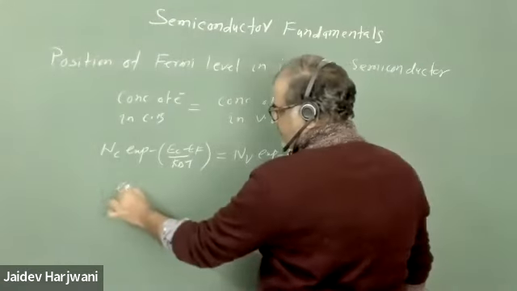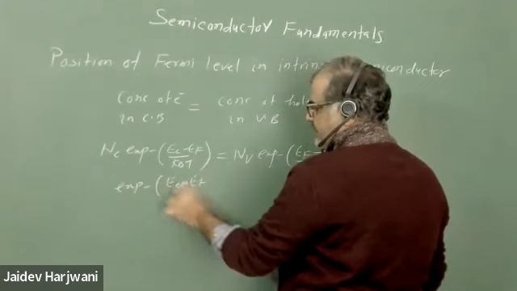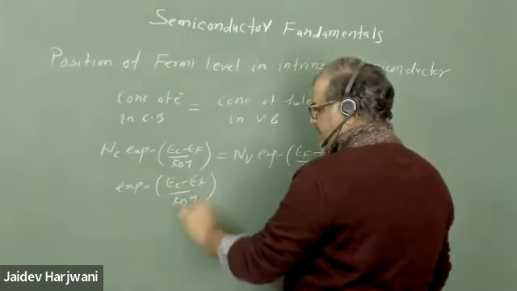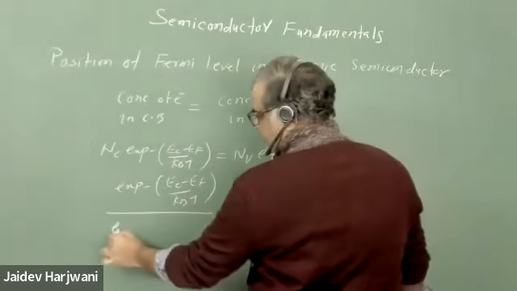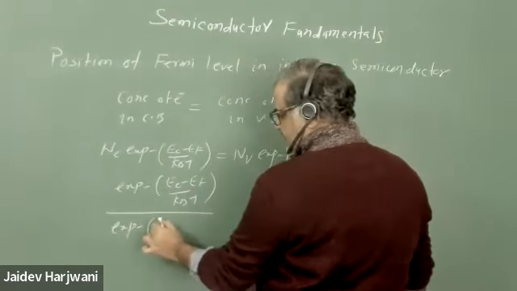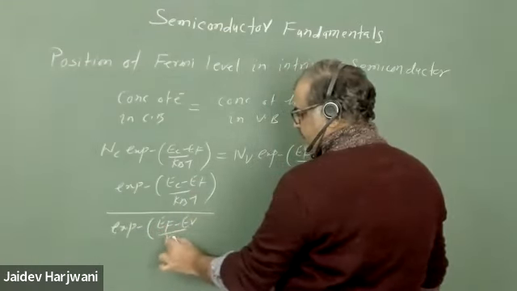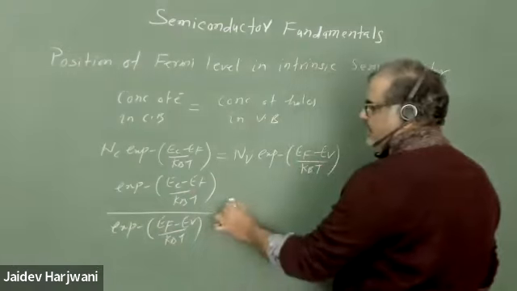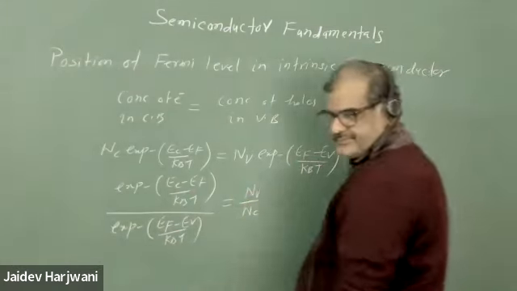So this will be exponential minus (EC minus EF) by kBT, divided by exponential minus (EF minus EV) upon kBT, and this is my NV upon NC.